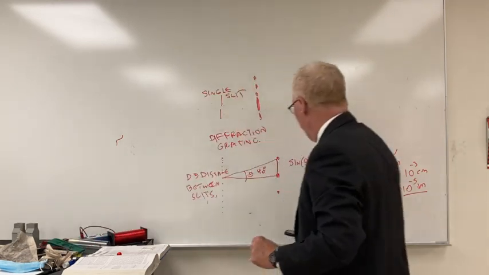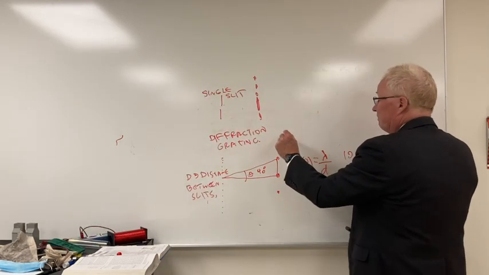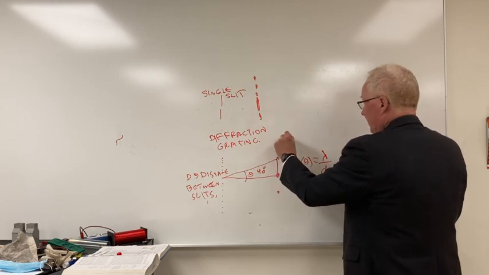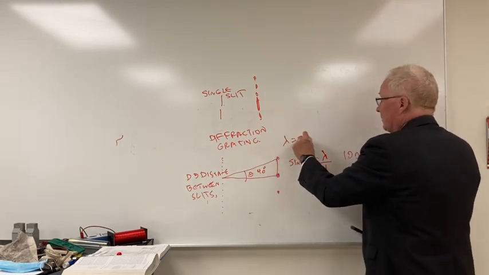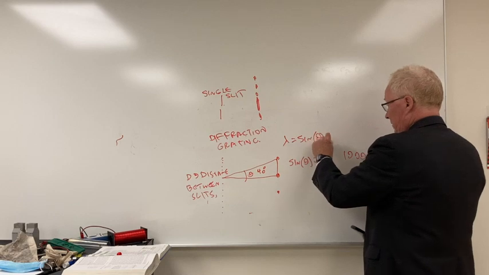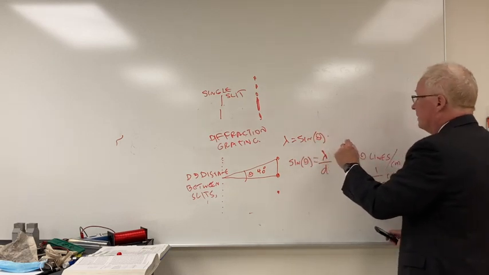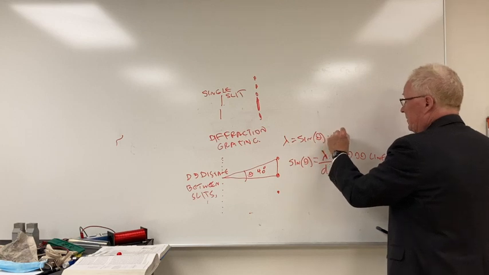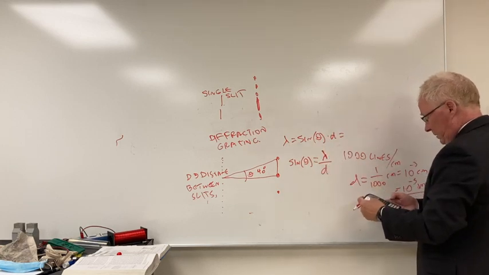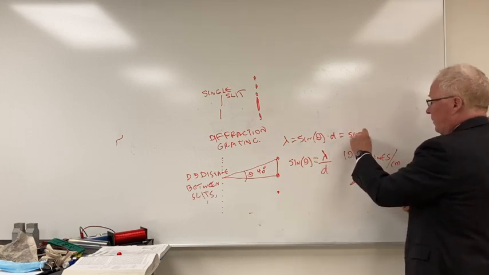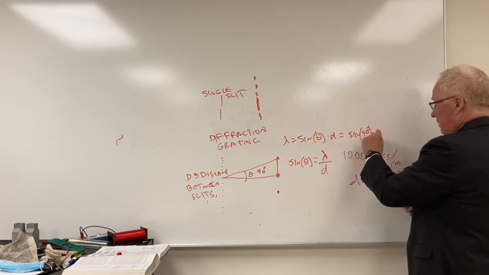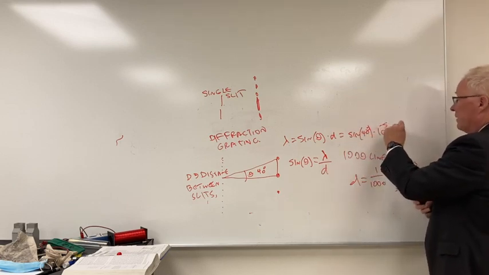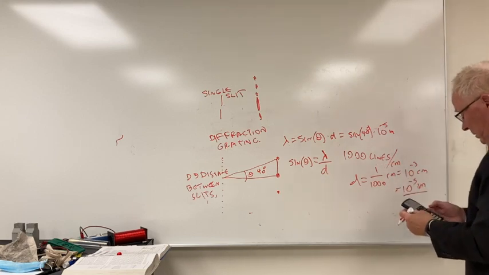So what we have then is lambda will be sine theta times D, so that would be sine of 40 degrees times 10 to the minus 5th meters.